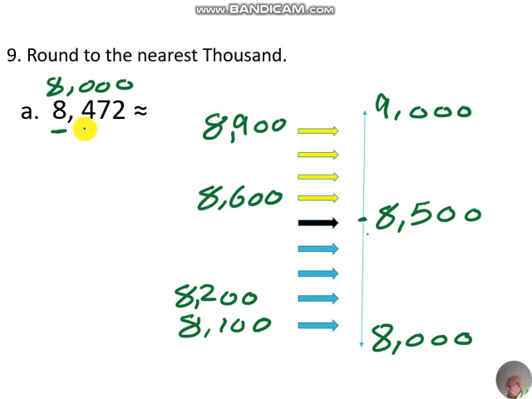You find 8,400. 400 is here. The number is 8,472, which means it is close to here, 8,472. And this is under the midpoint. When you round it, you round it to 8,000.